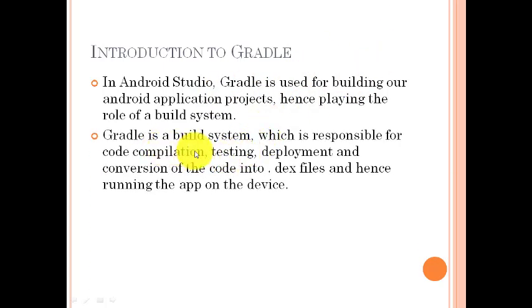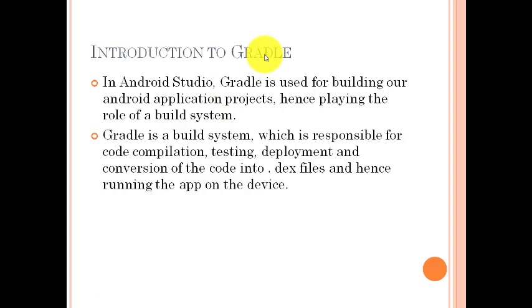Gradle is a build system which is responsible for code compilation, testing and deployment, and the conversion of the code into a .dex file, and hence running the application on the device. These are the tasks done by Gradle. First, Gradle compiles the code.